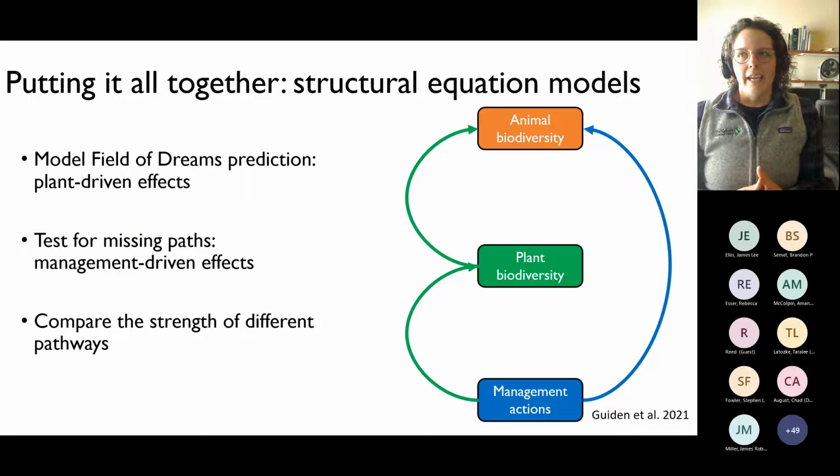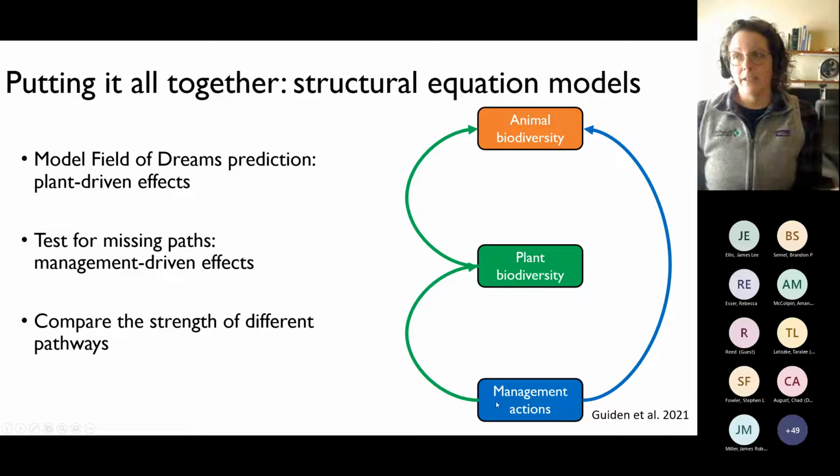And they put this all together using structural equation modeling. Now, I'm not going to send you all down that statistical rabbit hole this afternoon, but essentially this is an approach that allows the team to test direct effects of factors like management or plant diversity on animal biodiversity, but also test for indirect effects.